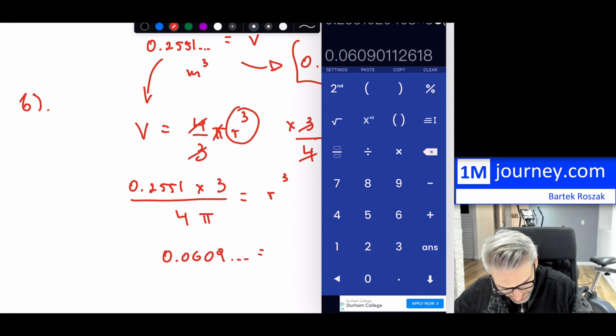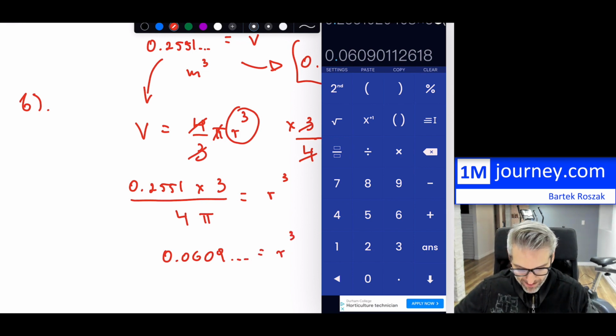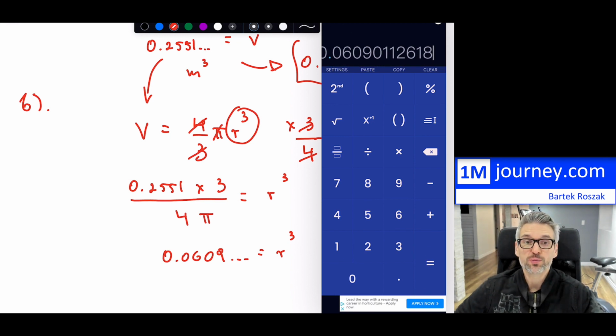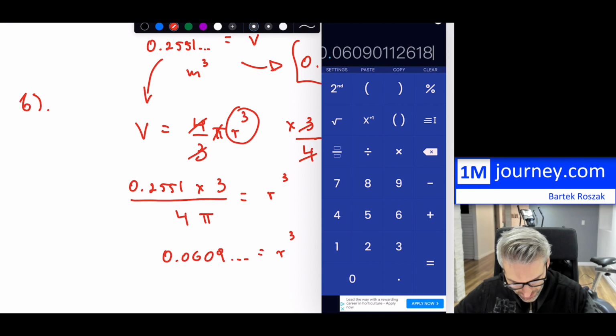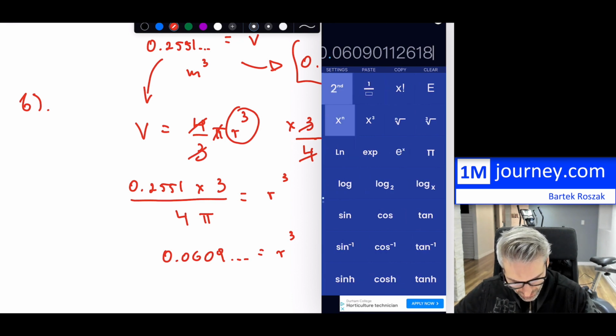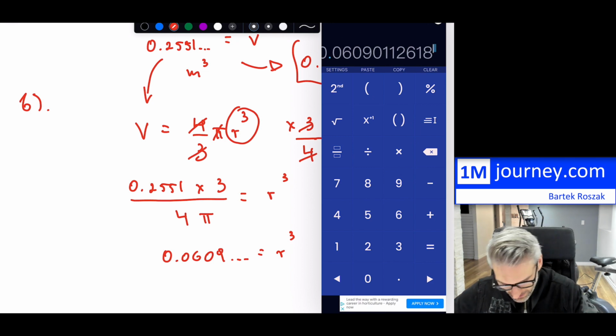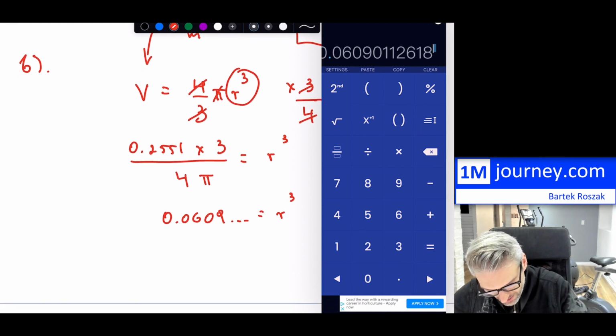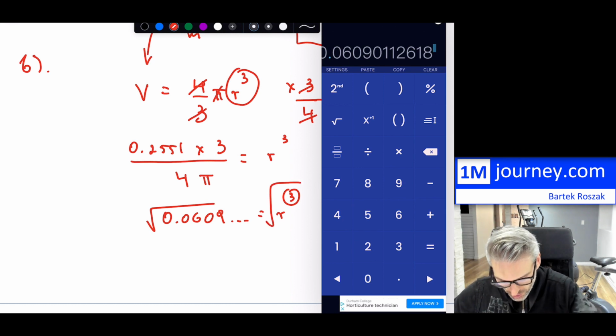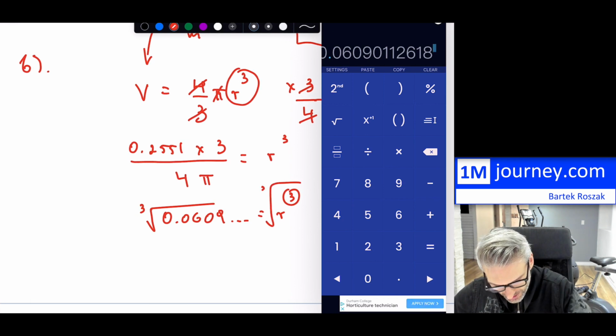0.0609, etc. And now we're going to take our answer and take the cube root of this. If you're familiar with this, you would have to get rid of the cube by taking the cube root of both sides.